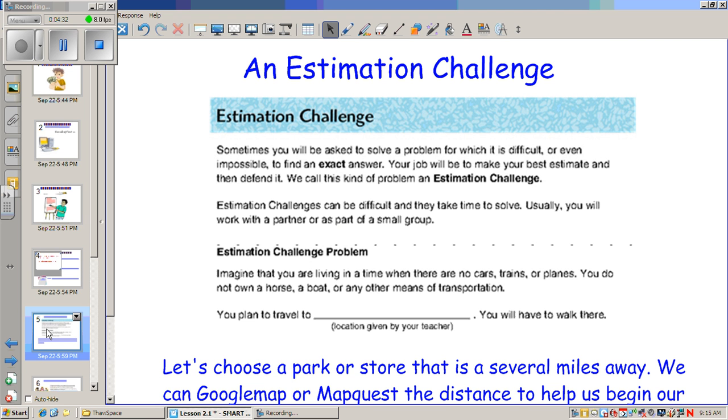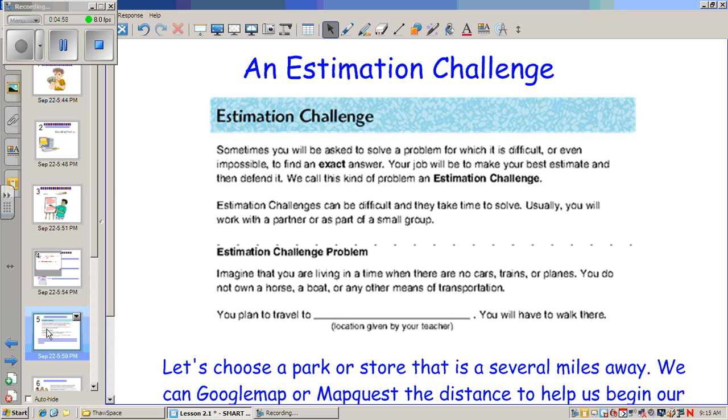We call this kind of problem an estimation challenge. So a lot of times people aren't looking for the exact answer, but an estimate. And you get to support it by saying, well, I know this would be a good estimate because, and then you get to give your information or how you would have measured it or how you would have added or whatever you would have done.